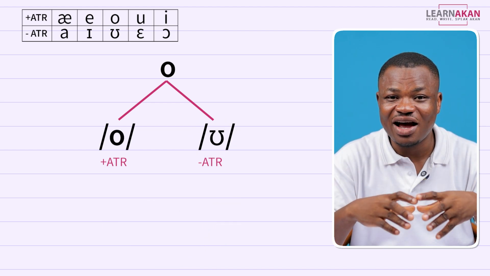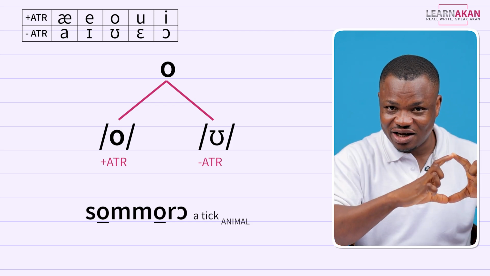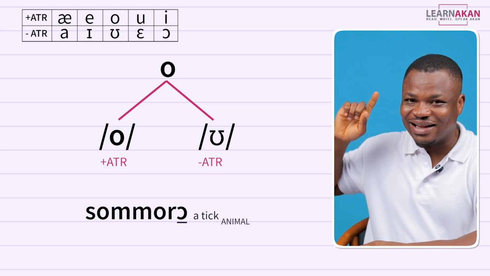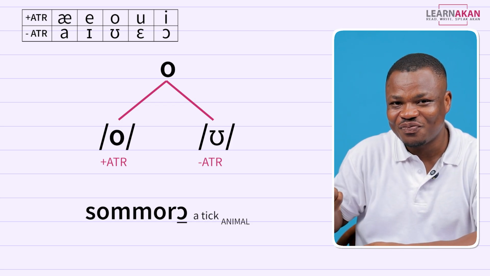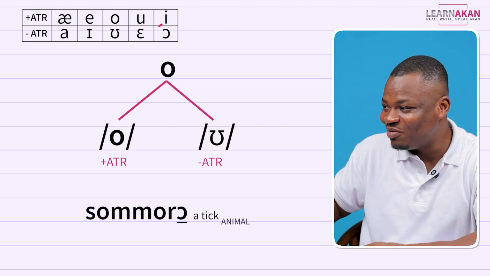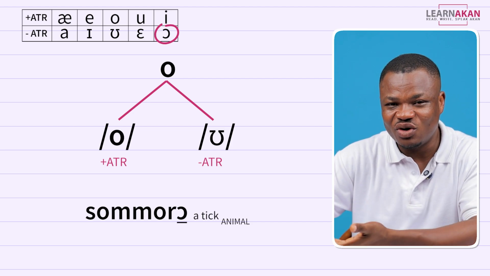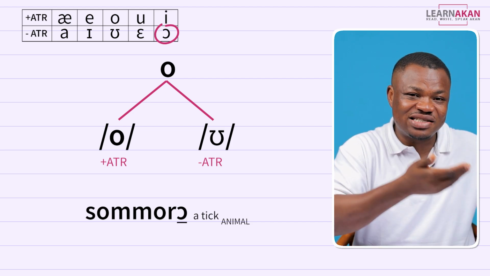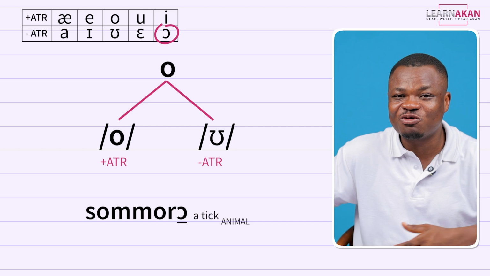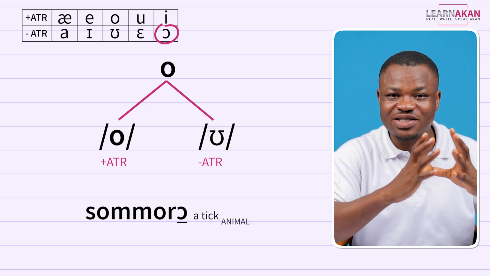So for example, we have sumro, so there are two O's here, right? But if you look at the end, we have O, and that O has just one sound, and that belongs to the minus ATR set. And once we have that, then we know that the vowel sounds that precede this will most likely come from the minus ATR set as well, to ensure that there is harmony.